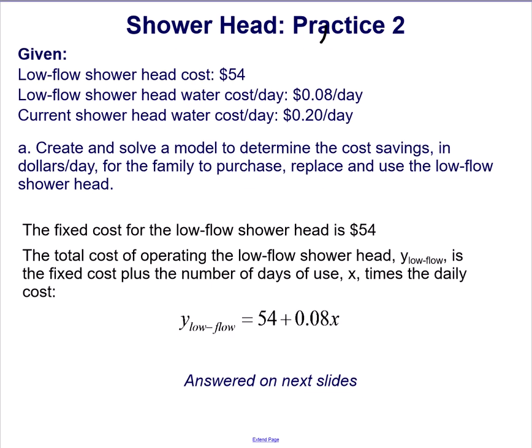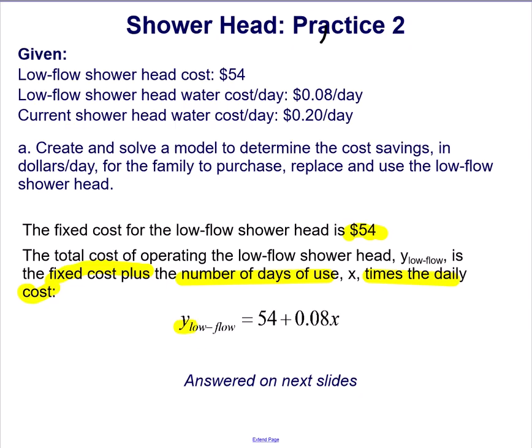So now we're going to begin creating our model. The cost for the low flow shower head is $54. The cost for operating the low flow shower head is the fixed cost plus the number of days in use, which we're using the variable x, times the daily cost.